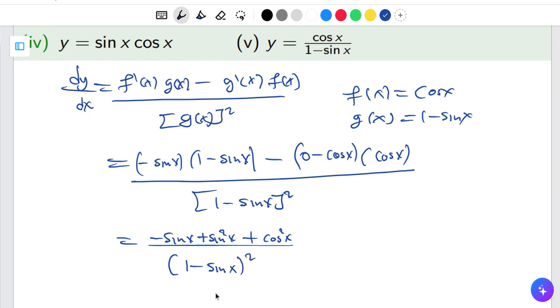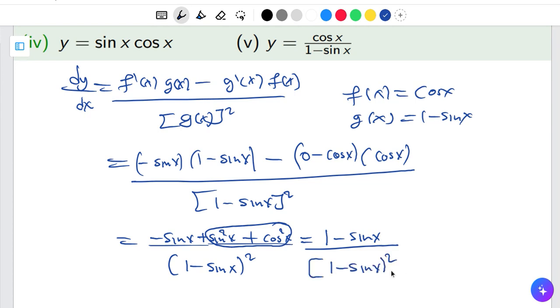Okay? So from there, what are we going to have? Here we have sine squared x plus cos squared x, which is positive 1. So we can say 1 minus sine x, since this one is negative, I'm starting with a positive value. Then divided by 1 minus sine x, squared.